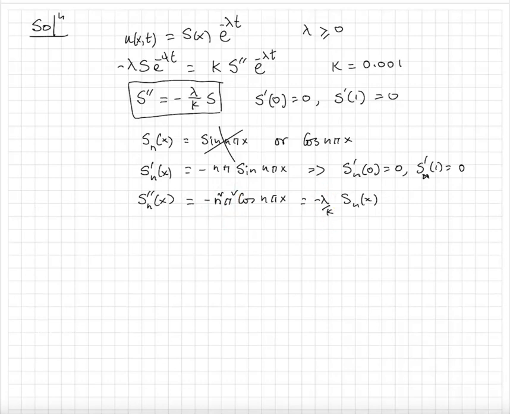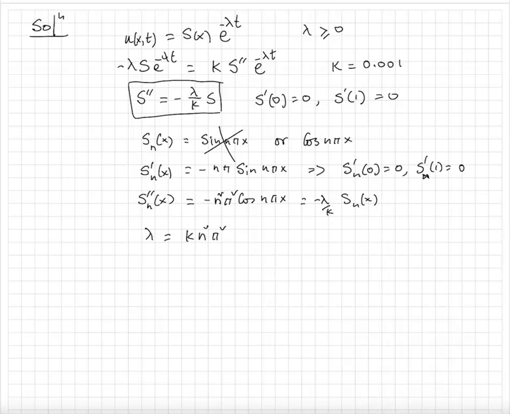So you can just ignore the minus sign: n square pi square is lambda over k. Then k goes to the other side, so lambda is k times n square pi square, and we know k is 0.001. We'll come back and substitute that once we are done.